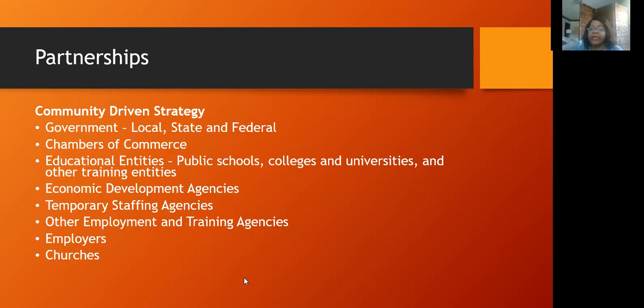Employers, that's a no-brainer. You certainly want to have employers a part of your community-driven strategy and a part of your whole partnership piece.